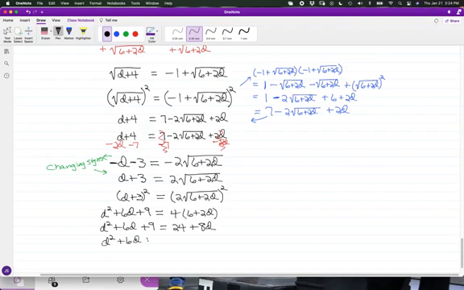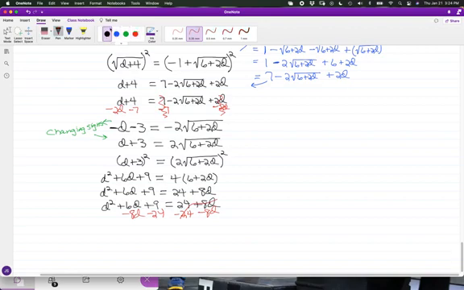And if I rewrite this equation in standard form, I'm going to take both 8D and 24 away from both sides. So we have D squared minus 2D minus 15 is equal to 0.